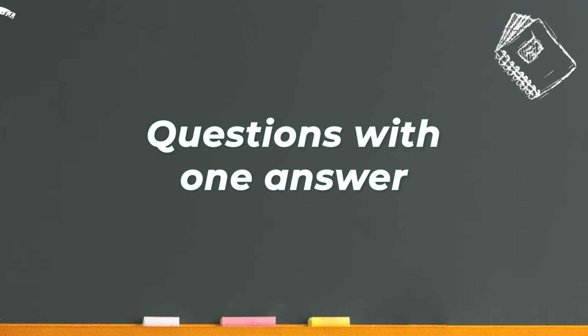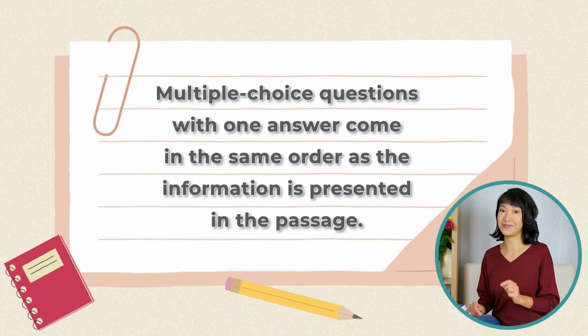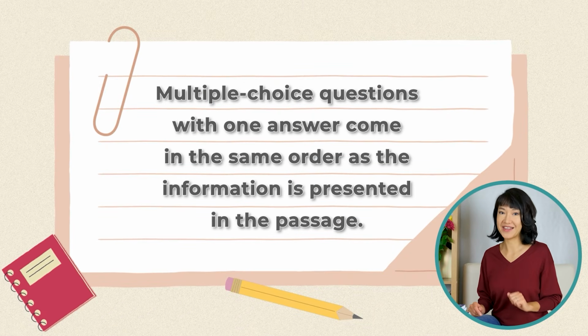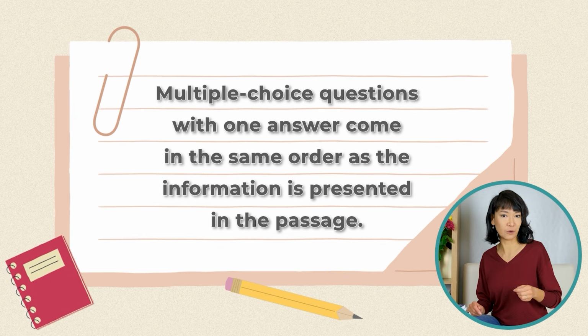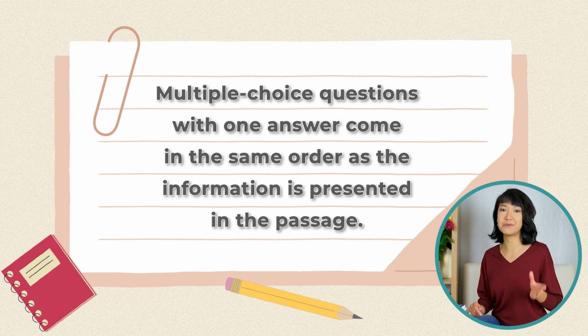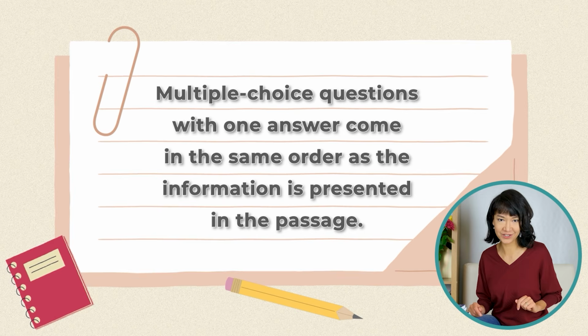beginning with questions with one answer. These usually come in sets of 3 to 5 questions and may be in section 2 or 3. One of the most helpful tips is knowing this. Multiple choice questions with one answer come in the same order as the information is presented in the passage.